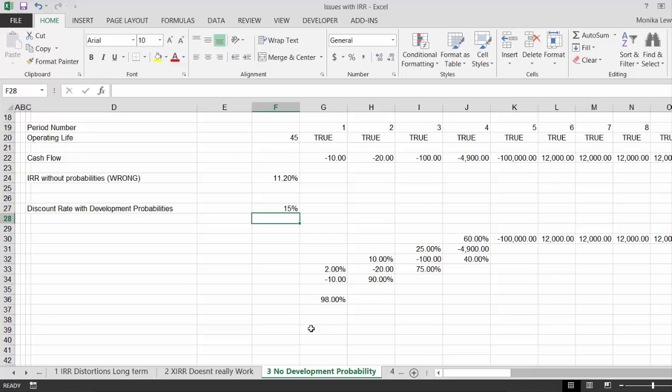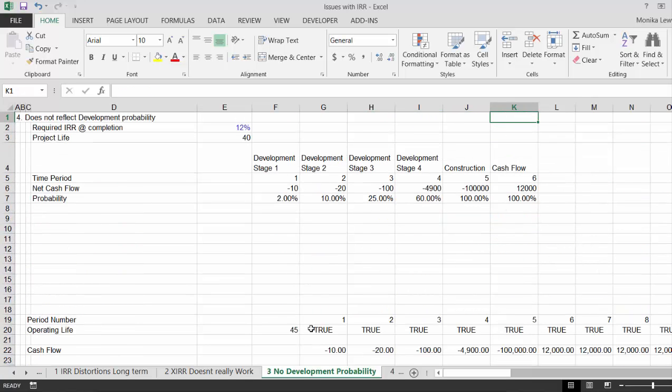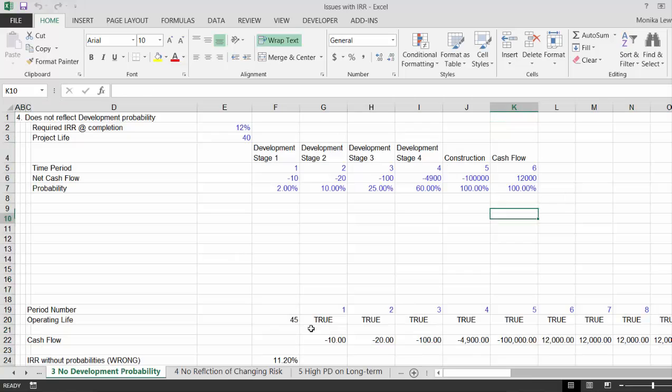And that means, I'm sorry, I should say required IRR at the COD. Okay, and that's what we're going to do to compute this one. Now, if I press Shift Control C, I'll get this.